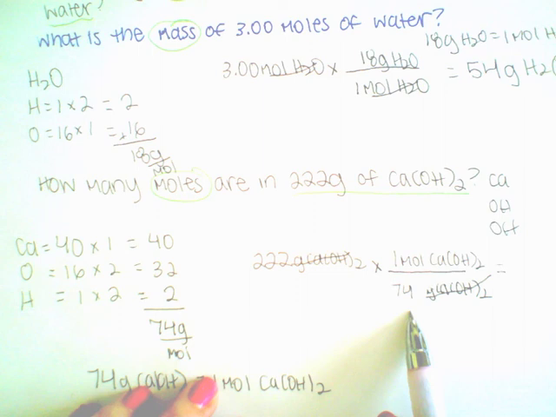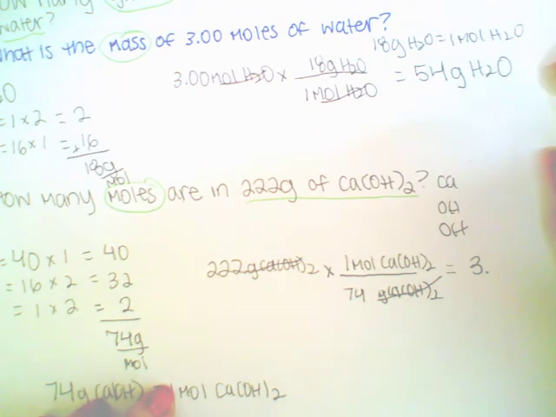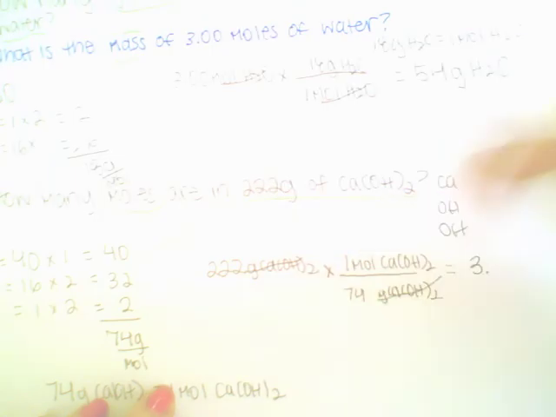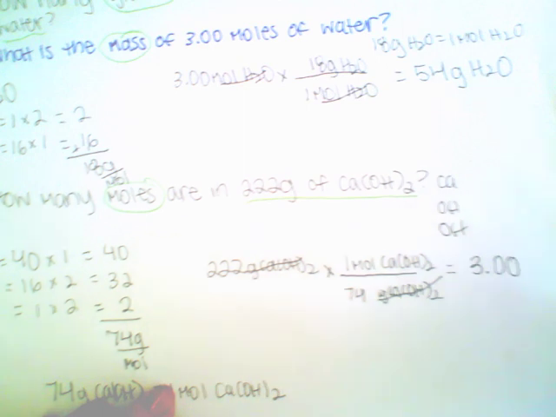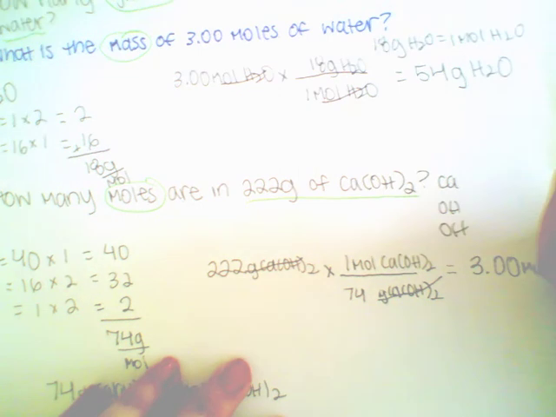You multiply the numbers on the top and you divide by the numbers on the bottom. So 222 divided by 74 equals 3. Let's do correct significant figures here. Our given information had 3 sig figs, so my answer should also have 3. So I have 3.00 moles of calcium hydroxide.